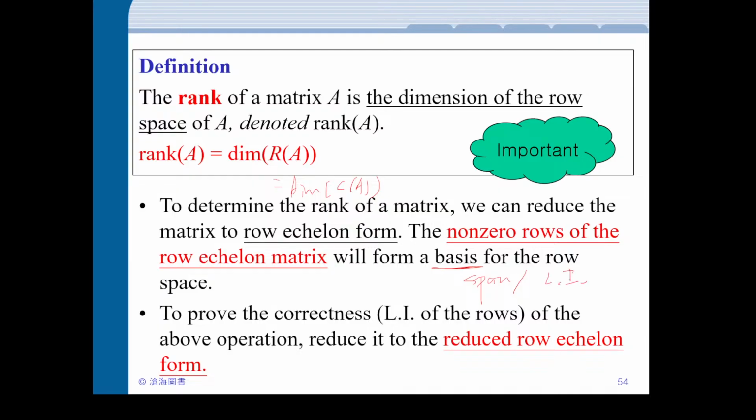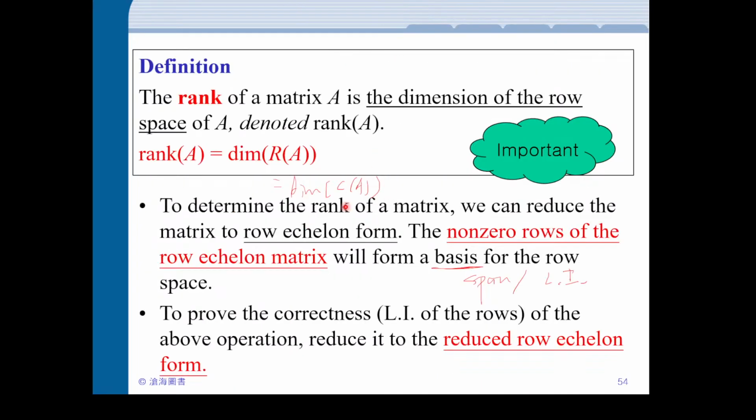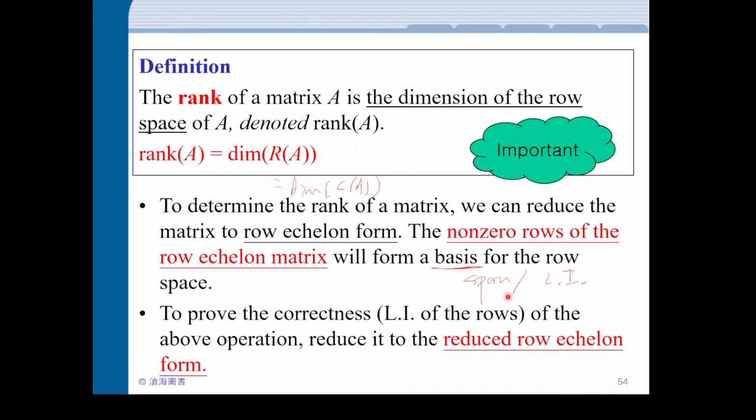From theorem 3.6.1, because you go from A to your row echelon form U by doing row operations, we know that the span of the rows is the same.